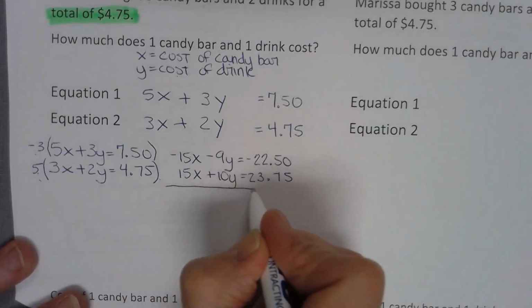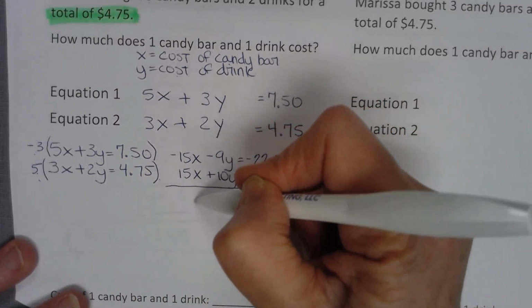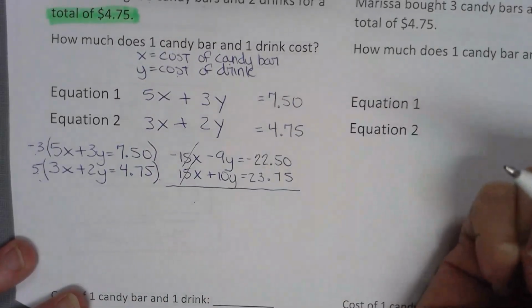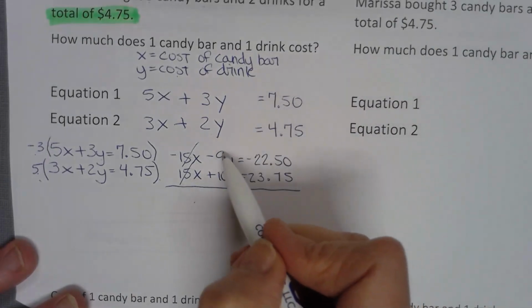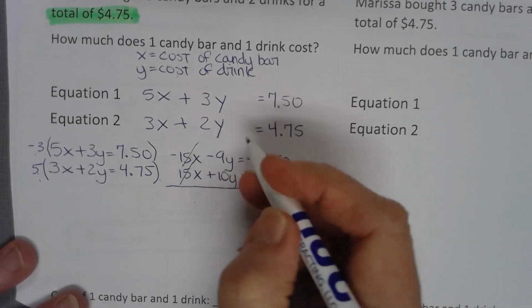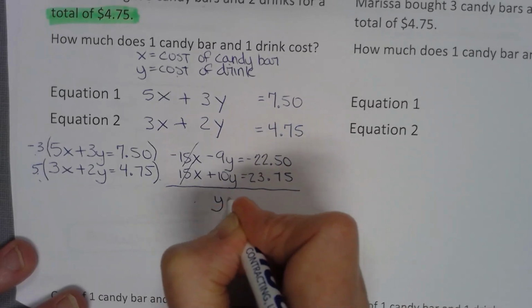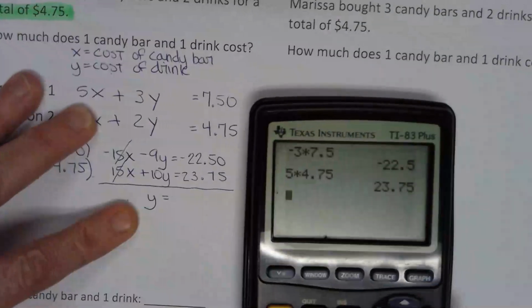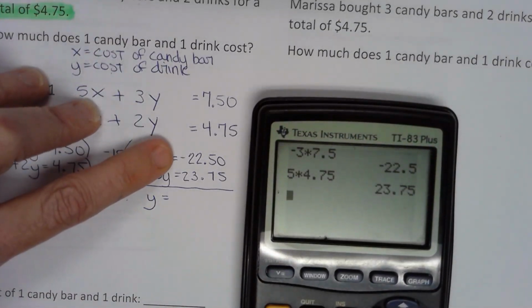Now we are ready to solve by elimination because when I combine straight down, my x's go away. Okay, I'm going to combine here. Negative 9 and positive 10 is just a positive 1y, so that's going to be great. And now let's combine here.